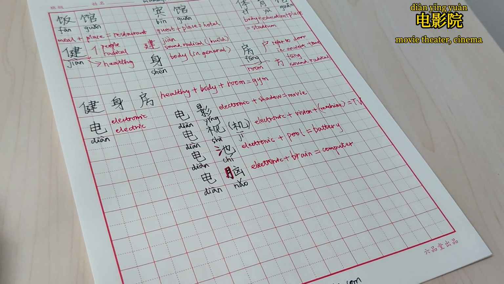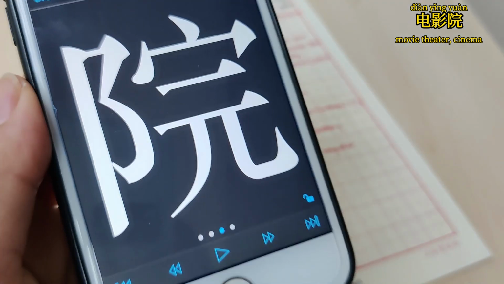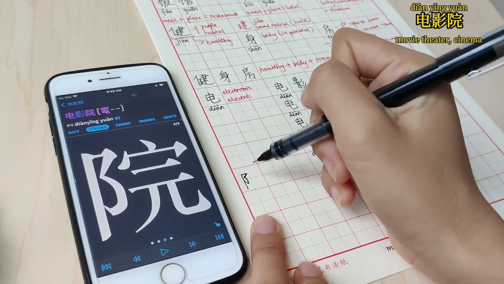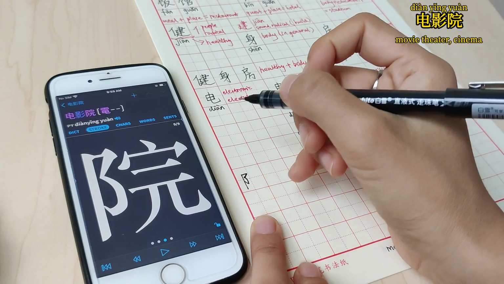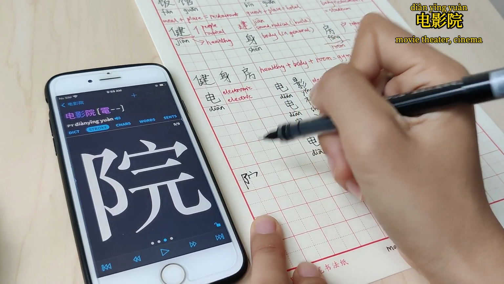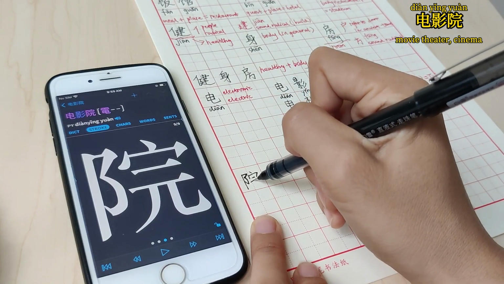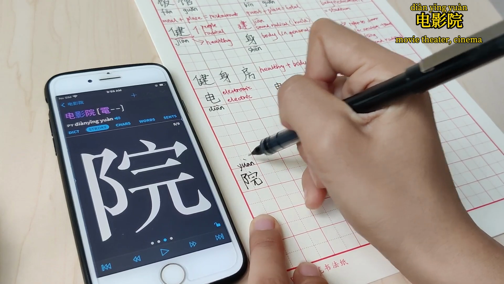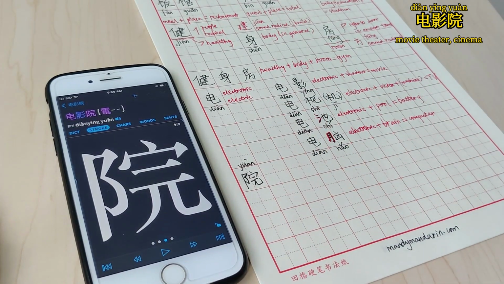And back to the words we're going to write. 电影院. The last word is 院. And this is how we write the 院. Left ear radical. And on the right, have a part on the top, and on the bottom. This is 院.